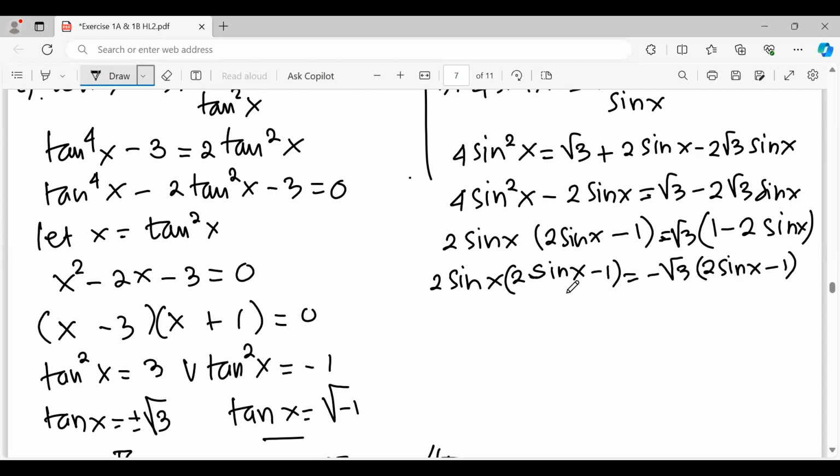And they have the same expression. So divide by 2 sine x minus 1.